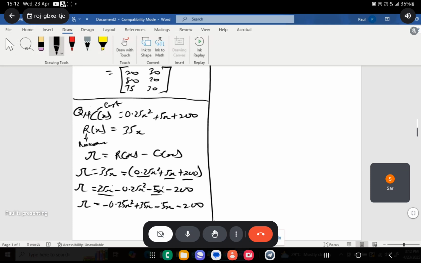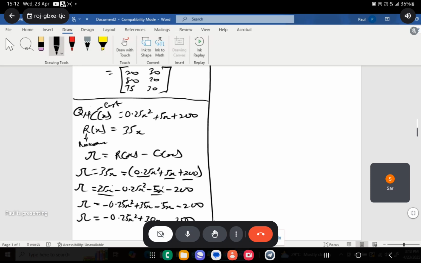So from here you get minus 0.25x squared, and 35x minus 5x will give you 30x minus 200. Please, you understand? Okay. So this becomes the profit function.